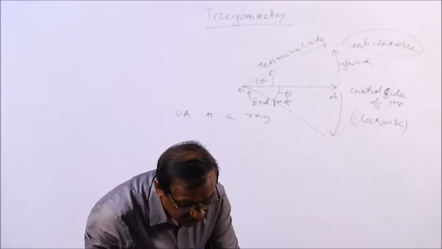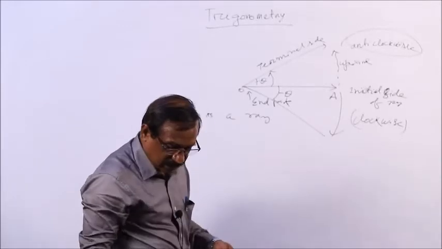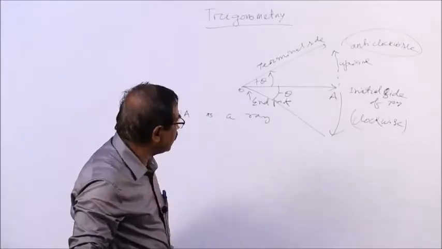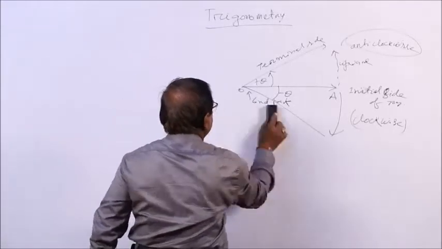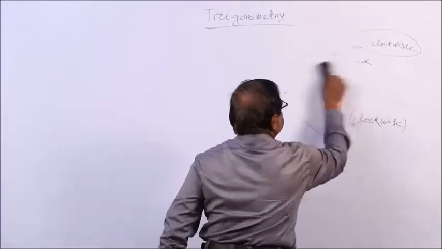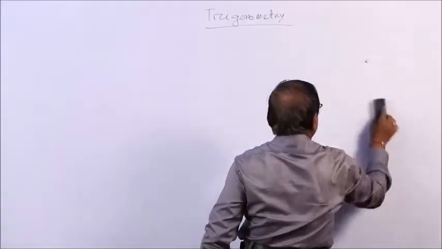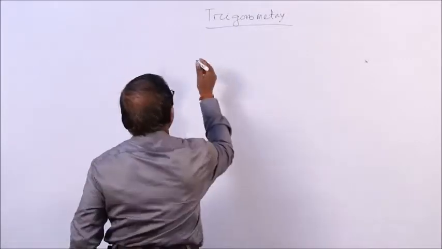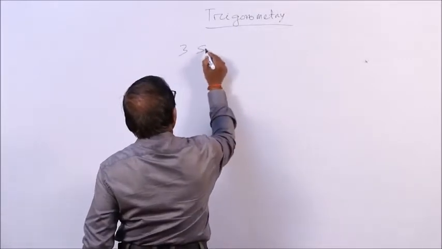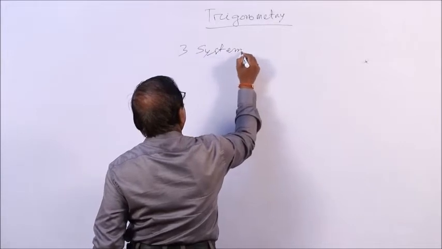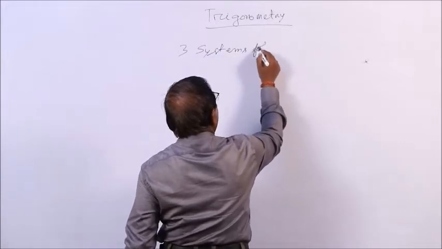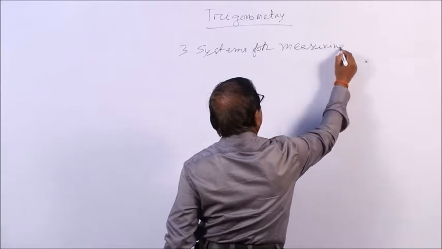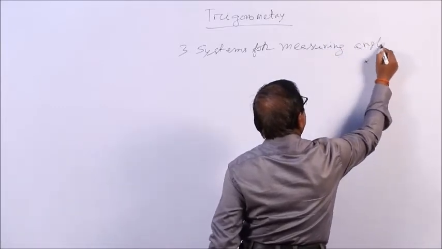So, now we shall read what are the methods of measuring angles. There are 3 systems for measuring angles.